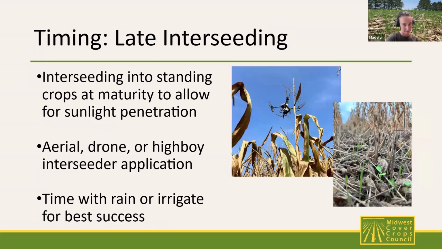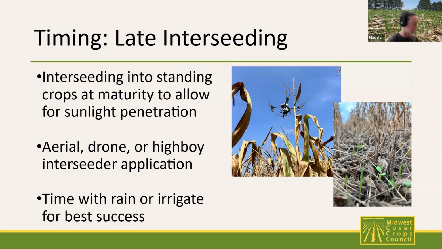So we also have a later interseeding window. Now this later interseeding window might be a little bit more attractive if in that early window, you're too busy side dressing, spraying, whatever, you don't want to change your herbicide program and are worried about carryover.